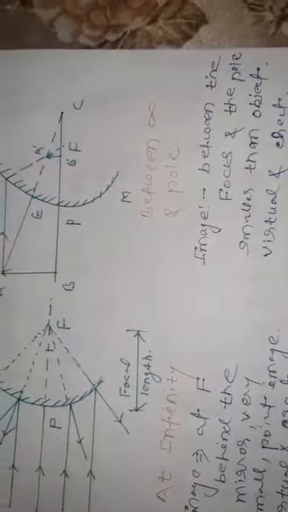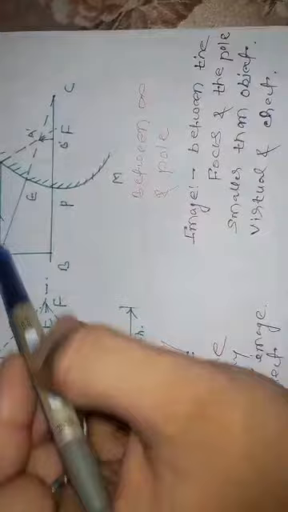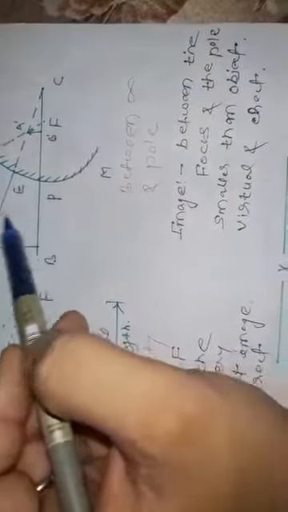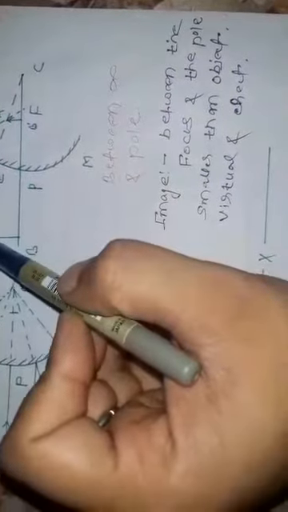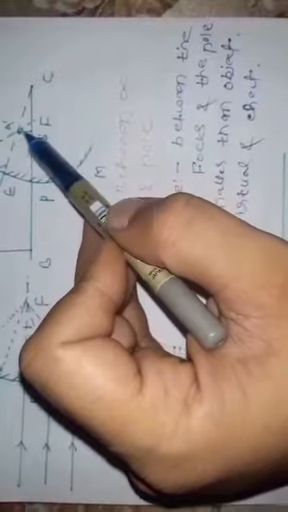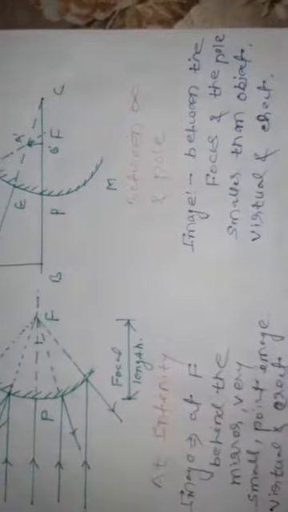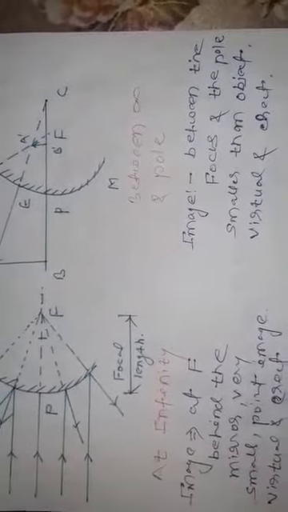So this is your object, the ray incident parallel to the principal axis, after reflection passing through the focus. This will be your focus. The ray which is passing through the center of curvature returns back following the same path. So this will be your intersection point. So here we get our image, in between focus and the pole, smaller than object, virtual and erect.